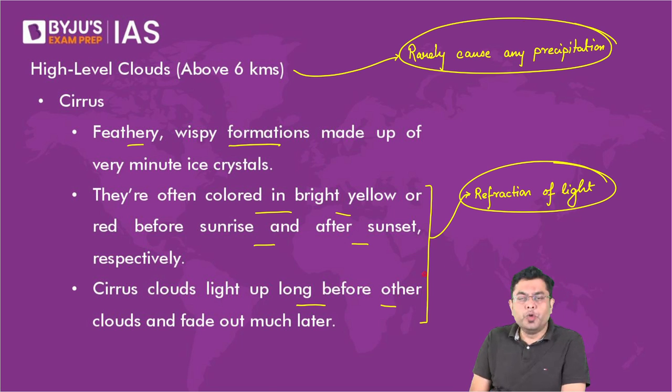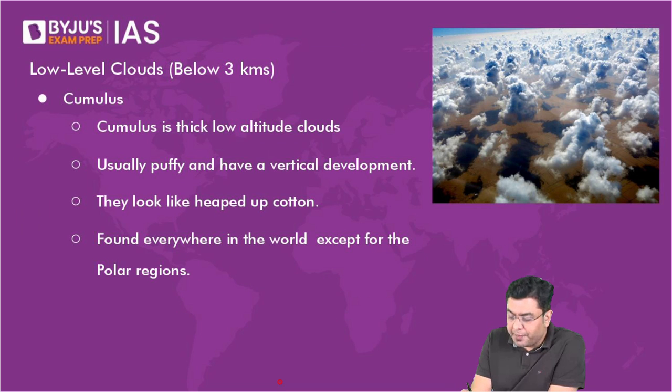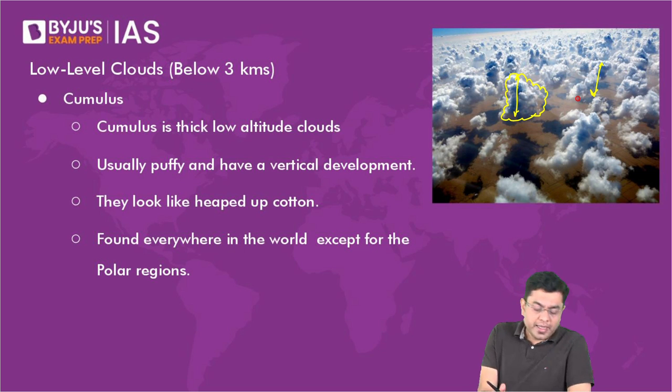Then you have cumulus. Cumulus clouds appear like this. The low altitude clouds that you have, they will have an appearance like this. They will have a kind of vertical development. This is the result of evaporation that you observe. So it is a thick low altitude cloud, usually puffy and with vertical development.